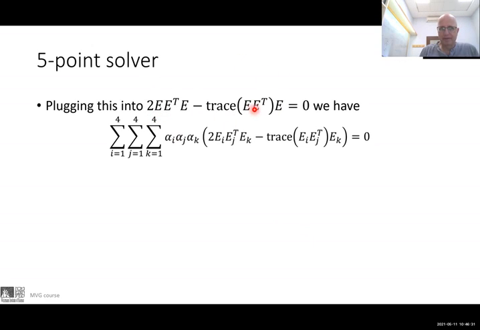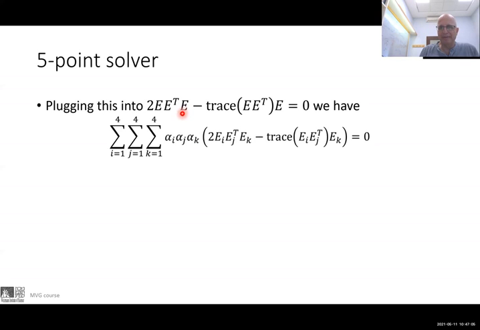So for every E, I replace E by alpha 1, which is 1, times E1, plus alpha 2 E2, plus alpha 3 E3, plus alpha 4 E4.